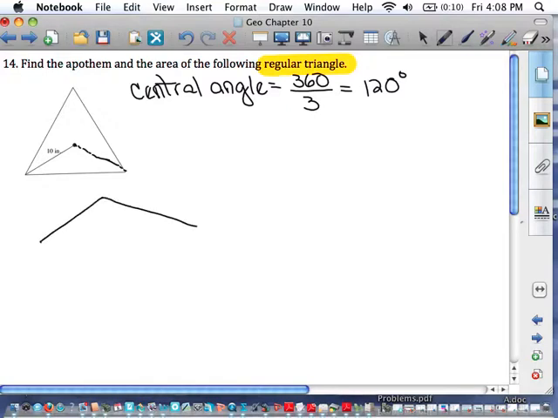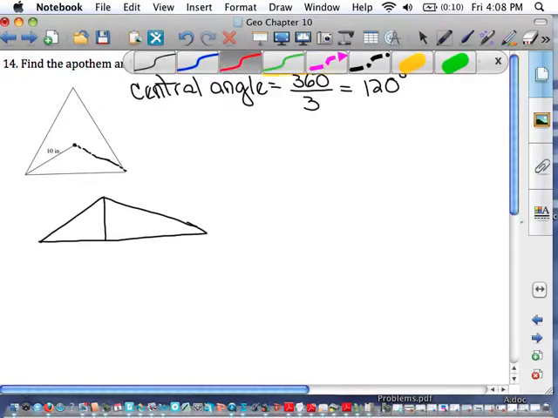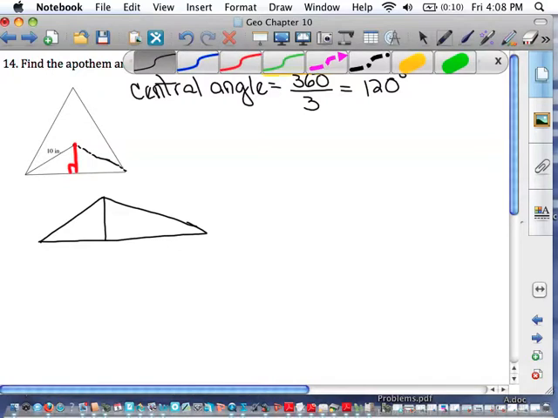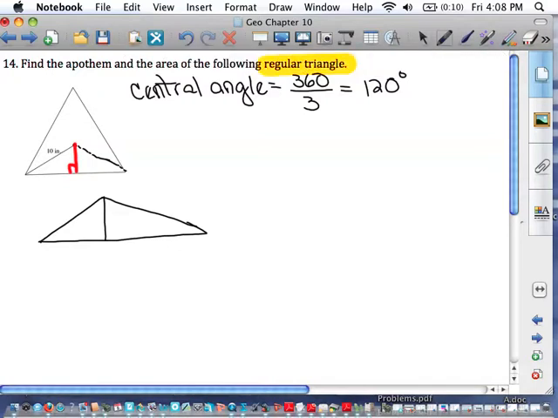So now I have this triangle. When I construct the apothem, here, from the center perpendicular to a side, that bisects this and makes this 60. That's the right angle. That's 30, and this is 10.